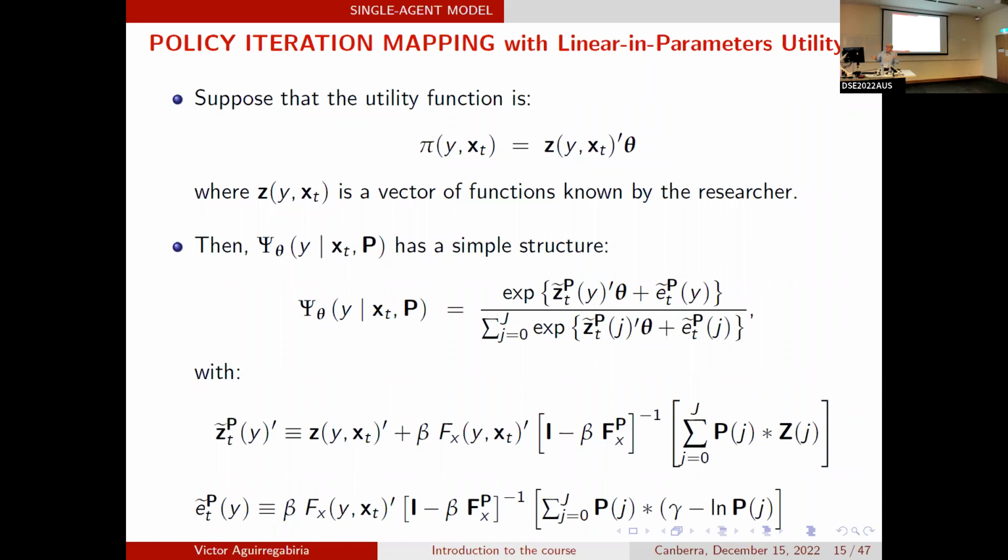What is costly is, given theta, changing p. Because that involves inverting this valuation matrix that we have in this expression below. If we are changing p, we need to change the valuation operator. But given p, changing theta is as simple as in McFadden's logit model.